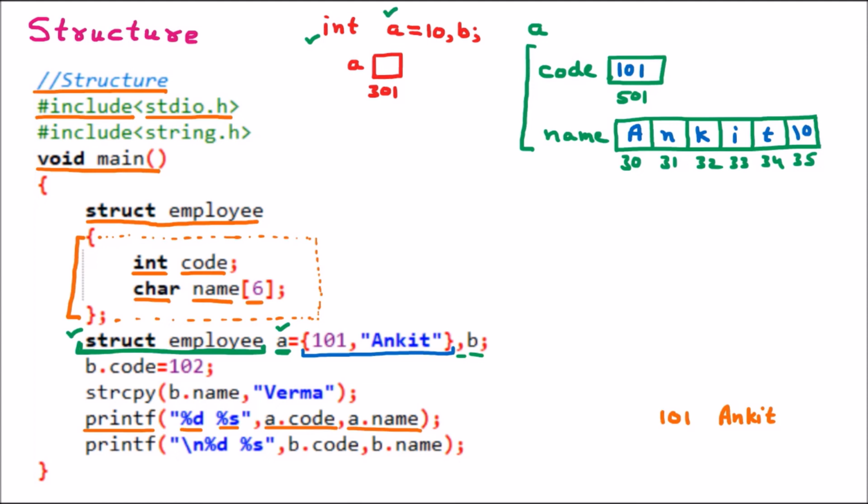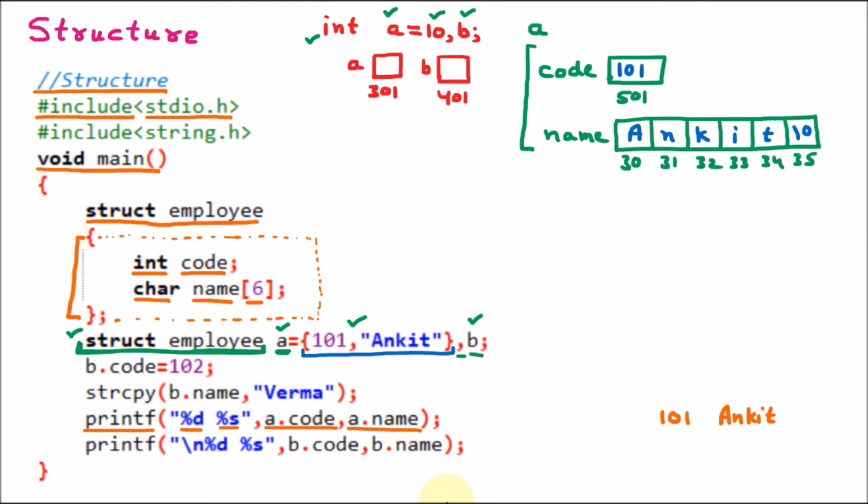Then we have provided its value. A structure can contain multiple data types, so multiple values can be taken, 101 and Ankit. But in the system-defined type, we can take just 10. Afterward, we can declare more variables, just like comma B. Similarly, here we are taking one more variable of the structure, that is B. Whenever we declare a variable of integer type, we know that one block is reserved, which has the name B, and the memory may be, let's say, 401.